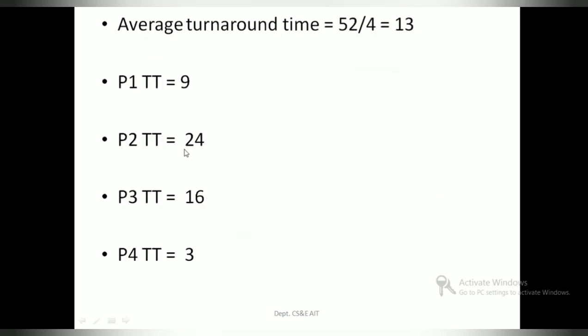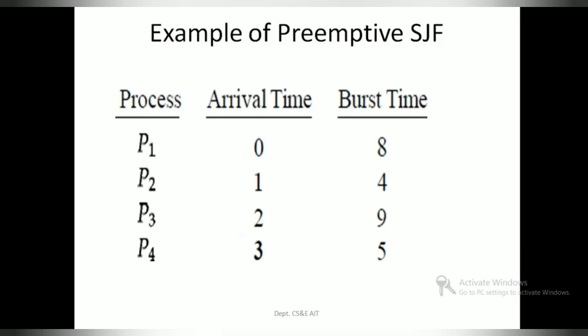Now when I say it is a preemptive version, arrival time would be a must criterion for me to know how I could preempt it. So how would my Gantt chart be? At the first arrival time, there is no other process in the system, so I am giving process P1 to the CPU.